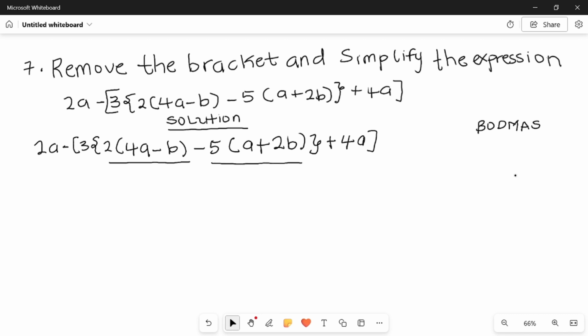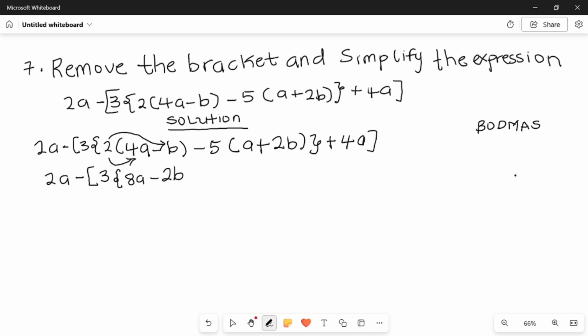If we open it, we'll have 2a minus 3 into 2 times 4a, which will give us, let's put our second bracket, 8a, and 2 times minus b, which will give us minus 2b.